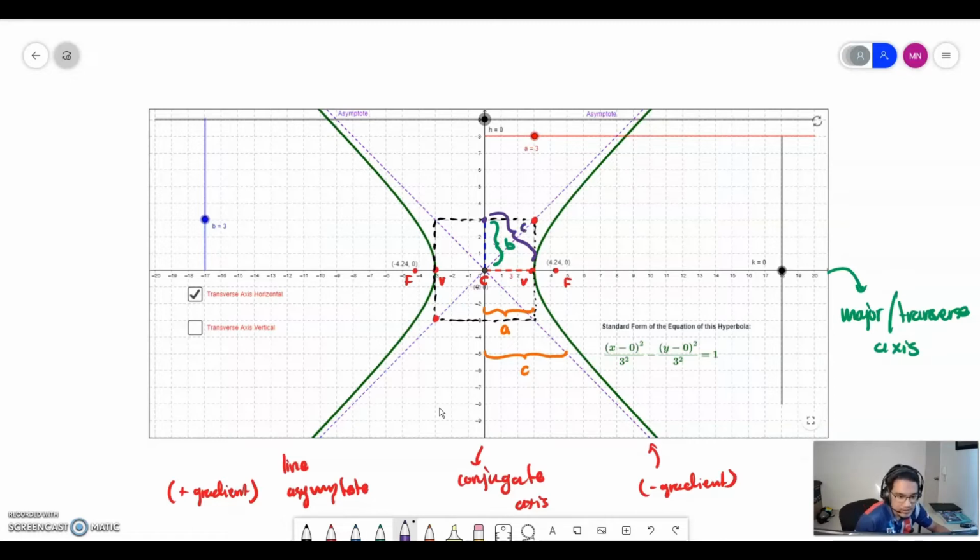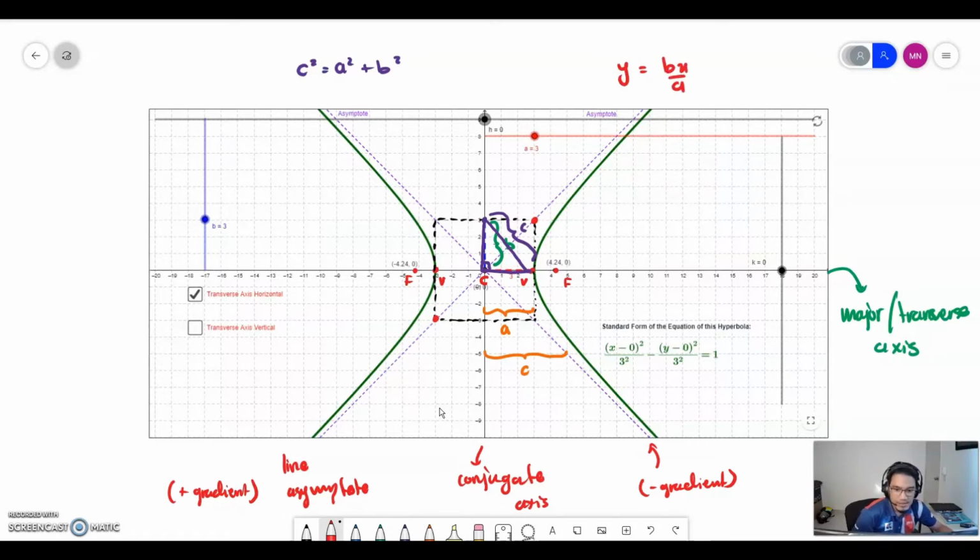Now we have a right angle triangle right here, so we can say that c squared equals a squared plus b squared. For the equation of the asymptote where the gradient is positive, that will be y equals bx over a.